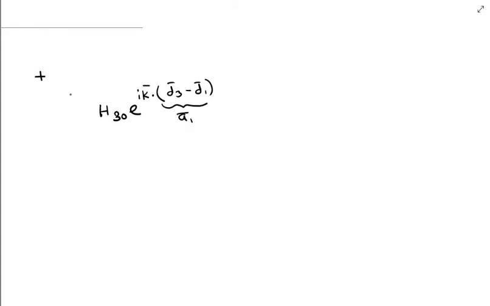So this matrix becomes the coupling between B and A. So 0 0, then minus t e to the power ik dot a1, and 0 over here.